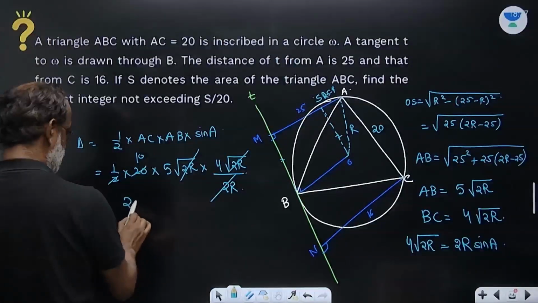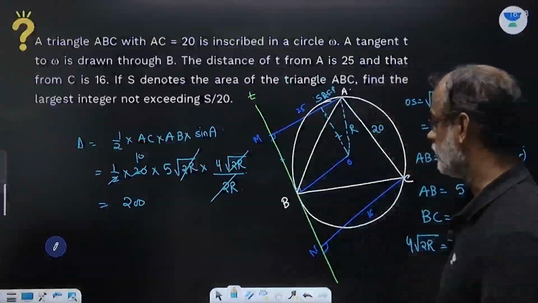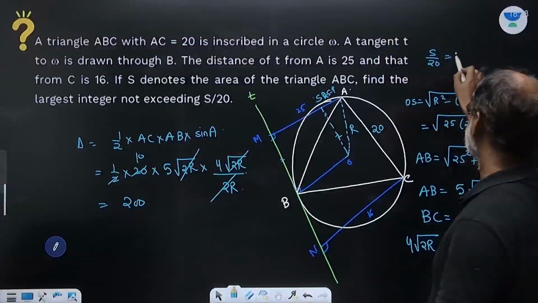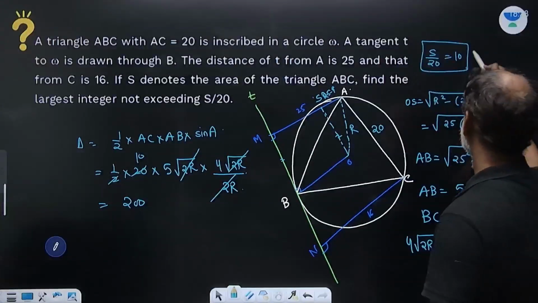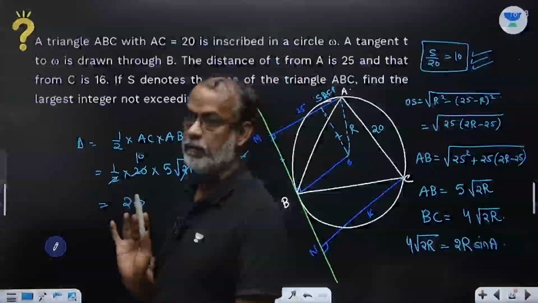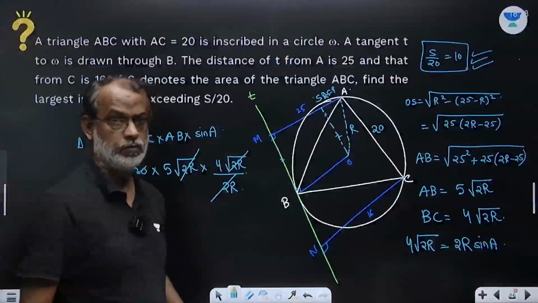So, delta is 200. Okay. So, this is S, sorry, so S by 20. S by 20 is nothing but 10. So, these are better problems. These are much better problems that we have gone through.